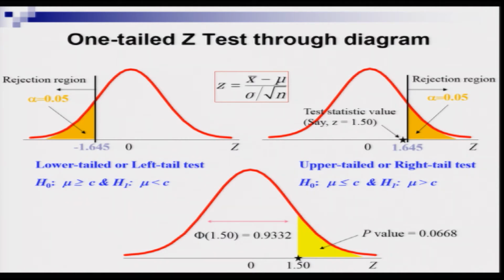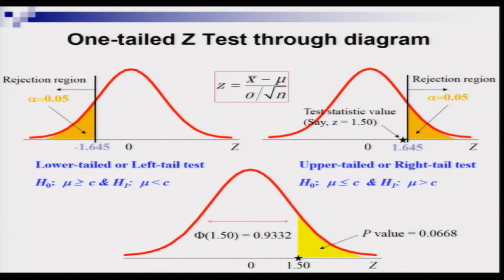At that critical value I have again erected a vertical line, and the area which lies between the red curve, the standard normal PDF, and that black vertical line is marked in orange color again, and that gives me the area of 0.05 unit.